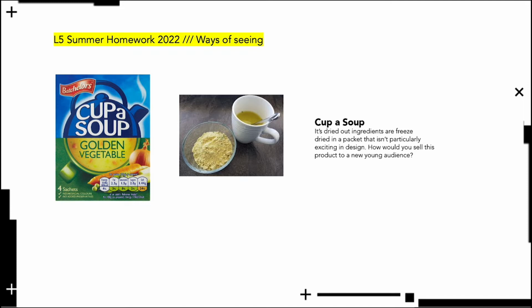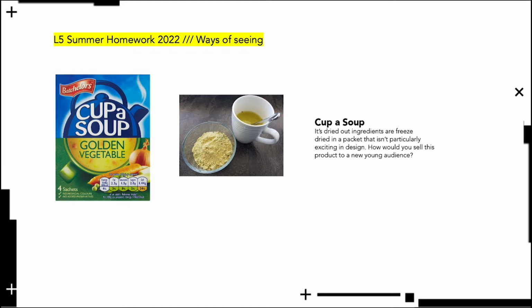And it had a very boring set of campaigns up until this point. It was just sold on the base that it's really super easy to make and it's convenient, but it didn't have any humour, and it lost its audience, it lost its consumer.